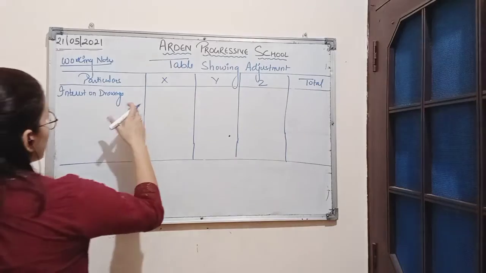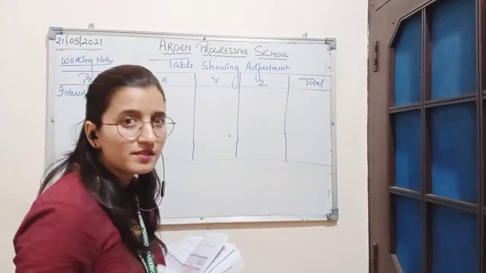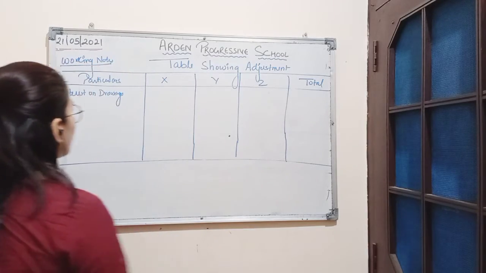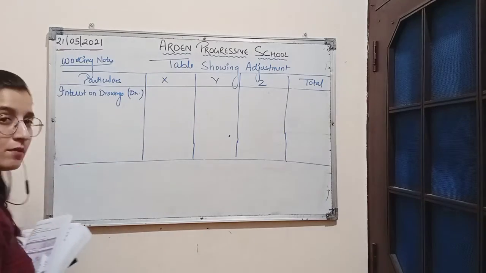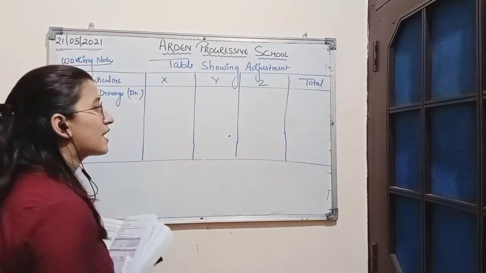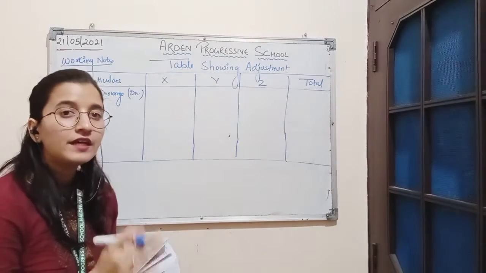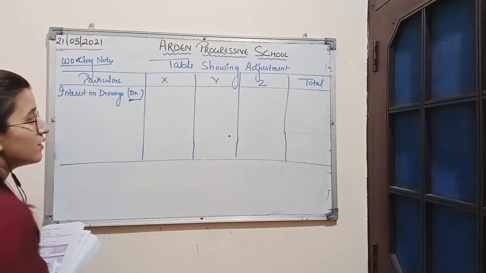As this item reduces the balance of the partners' capital accounts, this item will be debited, as in the partners' capital account interest on drawings is recorded on the debit side. That is why we have debited interest on drawings.